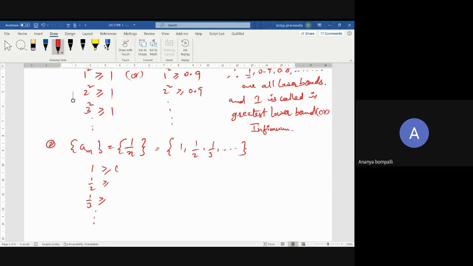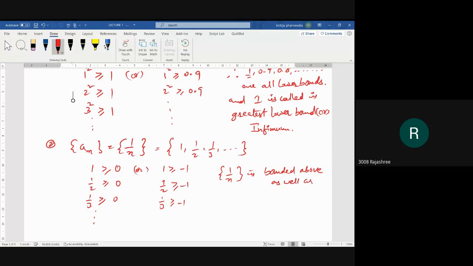Exactly. Or one can say 1 is greater than or equal to -1, 1 by 2 is greater than or equal to -1, right? Therefore, the sequence 1 by n is bounded above as well as bounded below.